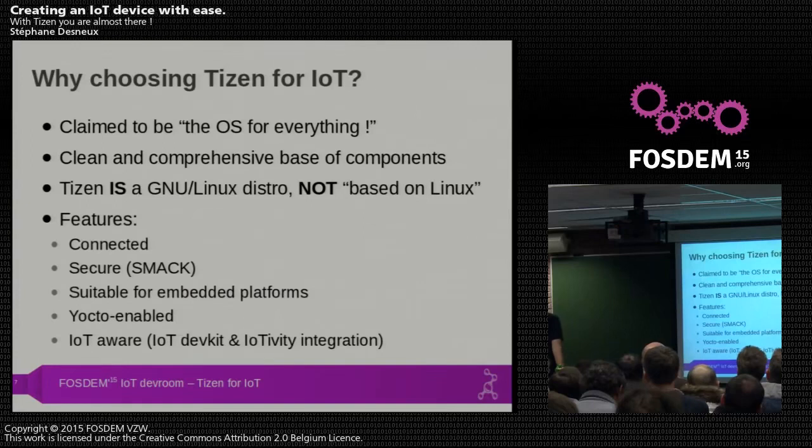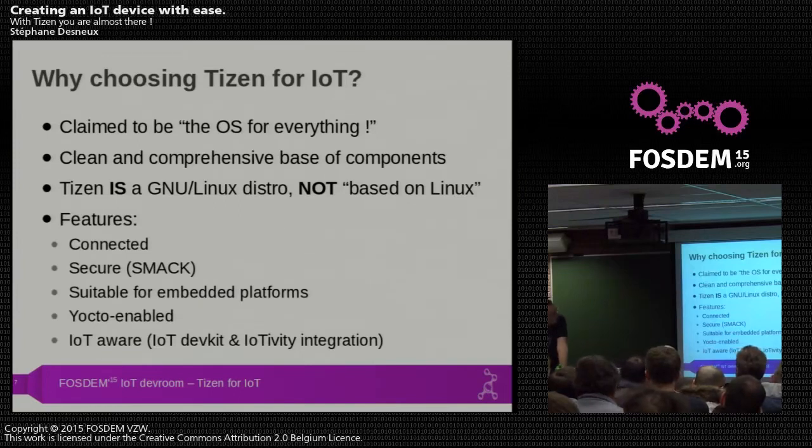You don't have to use a new SDK, use new things, etc. If you want to run a native application on Tizen, it's very easy. It's like running on Red Hat or openSUSE or anything. So it's an important point for integrating new software coming from outside. If you want to make it run on Tizen, it's possible.